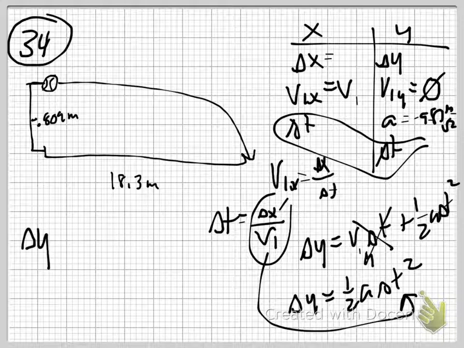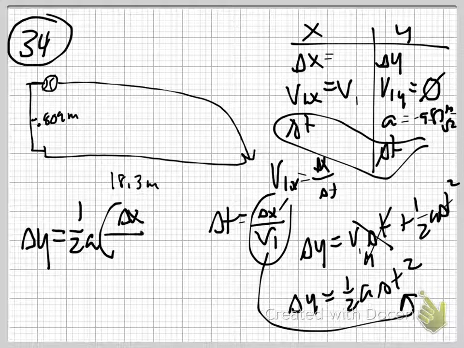Okay, so to get over that one hump, let's take this whole mess and redo it over here. 1/2 a, well then it's delta x over vi quantity squared. And then you'll just do the algebra. This is a derivation we've done a lot.